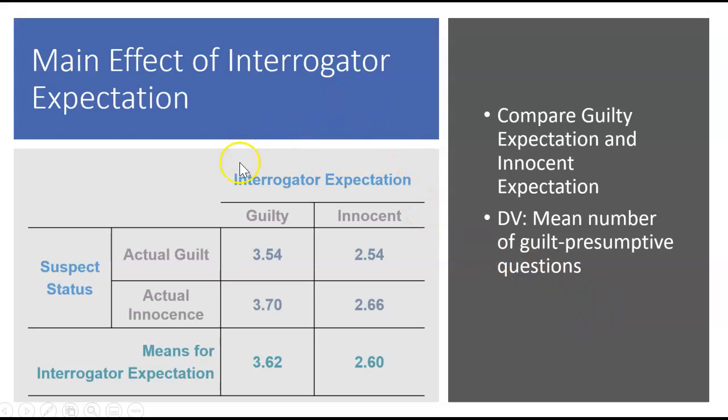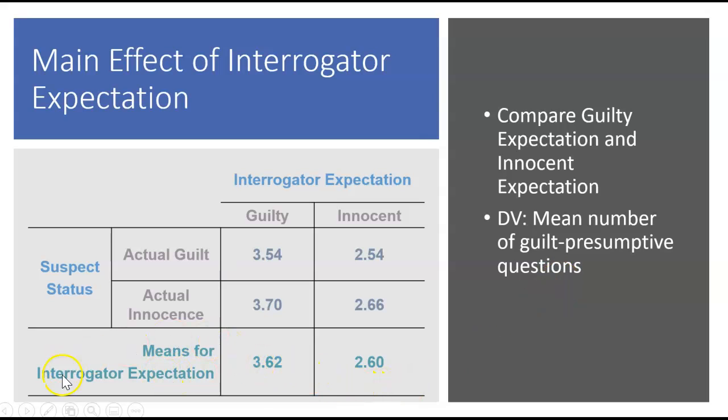So you've got, again, interrogator expectation, guilty or innocent, suspect status, actually guilty, actually innocent, and this is the data for interrogator expectations. So you're comparing if you had a guilty expectation versus an innocent expectation.